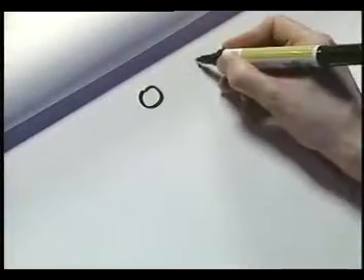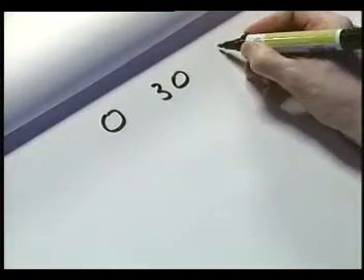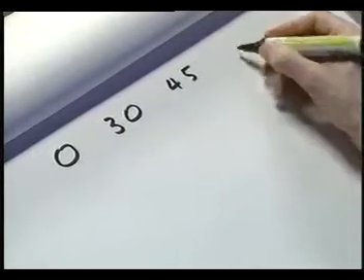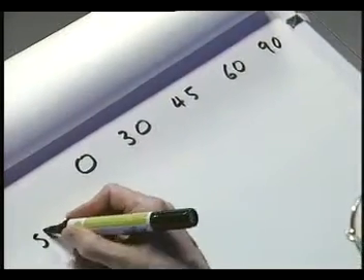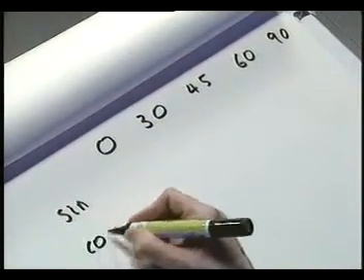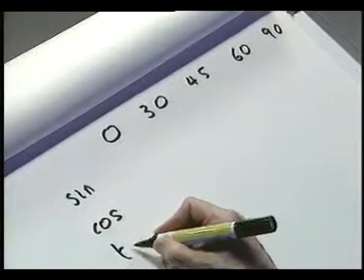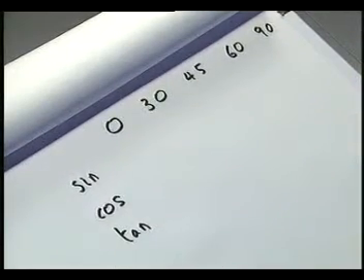The angles that we're talking about are the angles 0, 30, 45, 60 and 90. We're going to have a look at their sines, their cosines and their tangents.